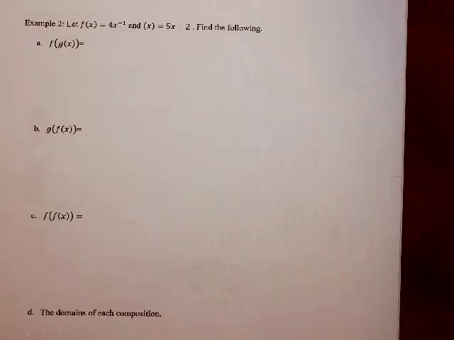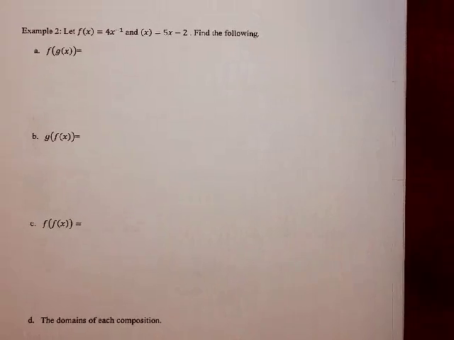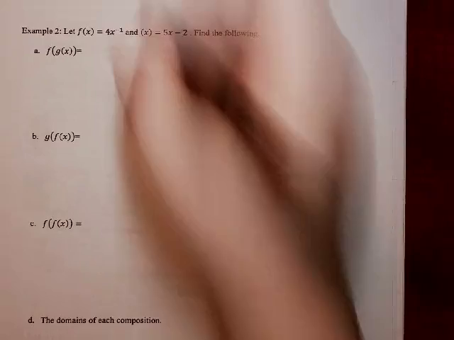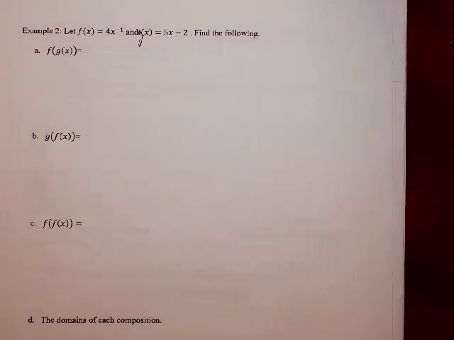Now, for example 2, we are going to let f of x be 4x to the negative 1 and g of x equal 5x minus 2. So we're going to find f of g of x.